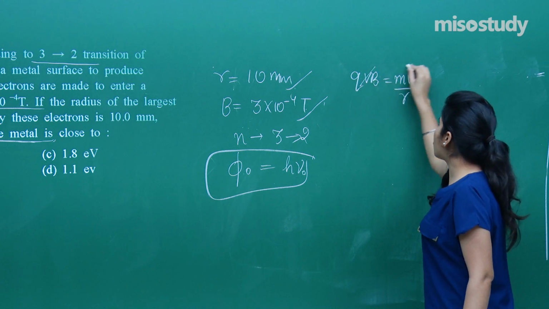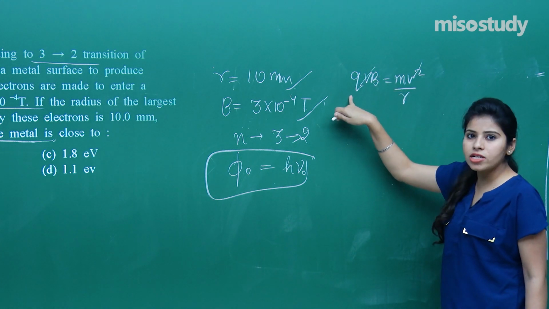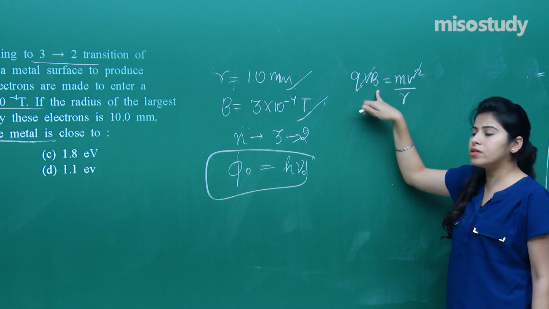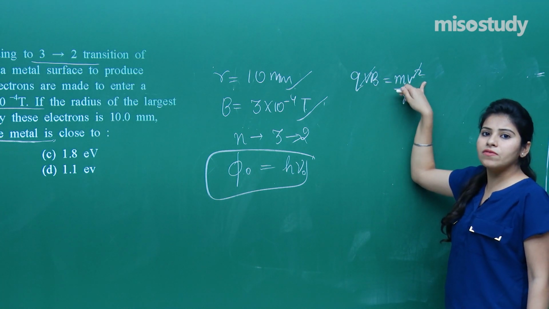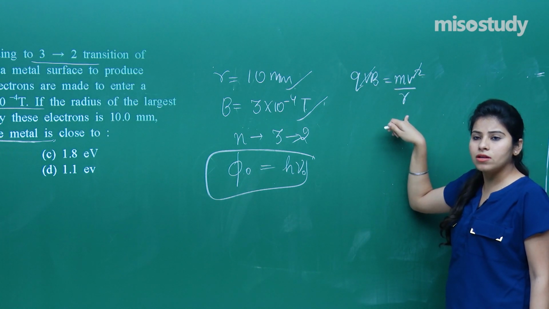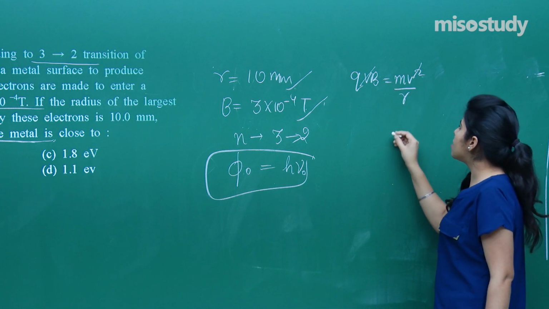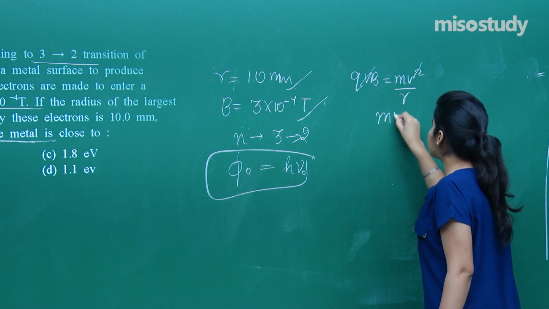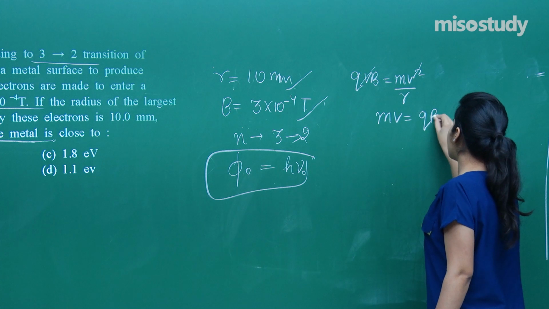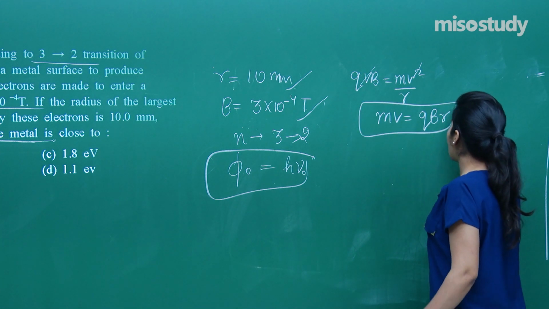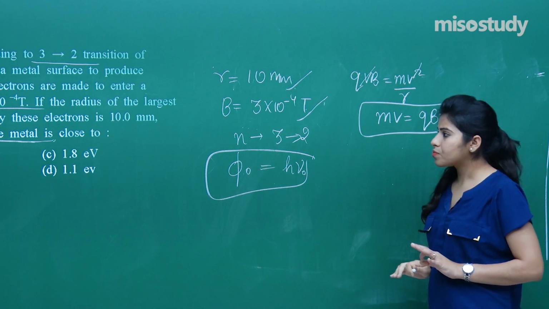Here Q is charge, V is velocity, B is magnetic field, m is the mass, and r is the radius of the circle. So V and V get cancelled, and I have mv equals QBR.